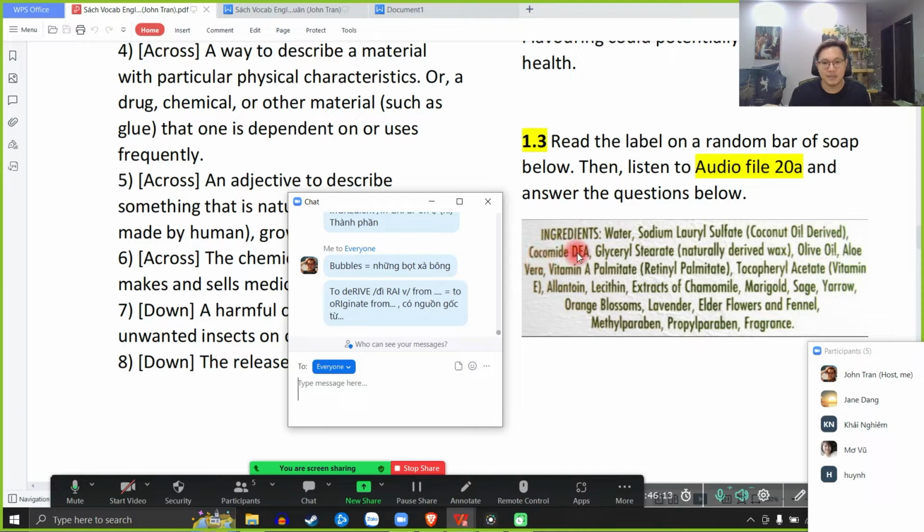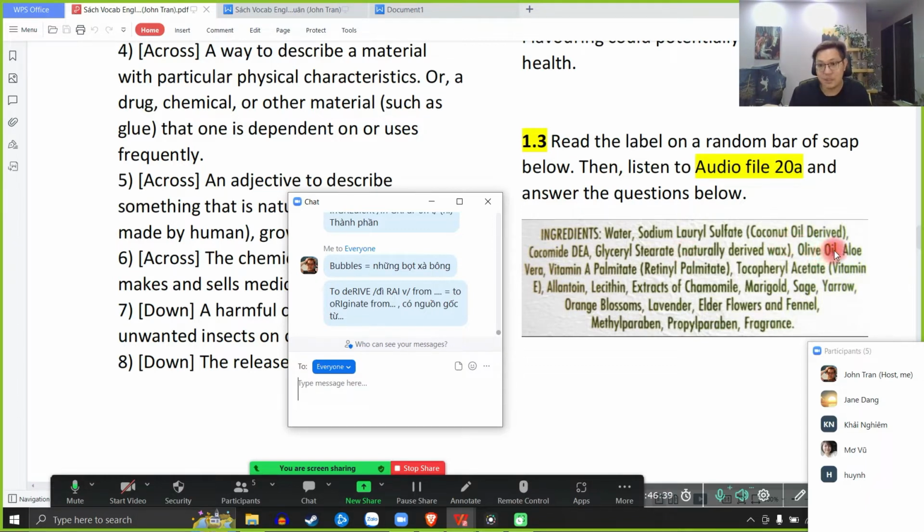Okay, cocamide DEA, glyceryl stearate, naturally derived wax, cái sáp mà tự nhiên. Đấy, chất này thường là nó để nó tạo thành cái cục, nó giống như nó tạo thành một cái lớp đặc lại á. So these things are to cause the soap to be solid, you know, become solid.